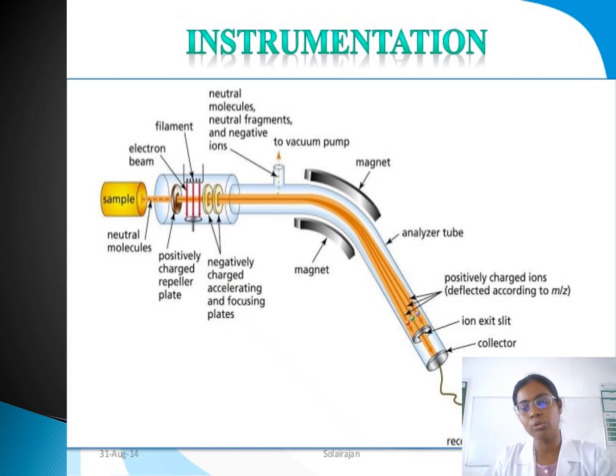In the analyzer tube, one type of positive charge ions are collected in one place and another type in another place. Finally they exit to the collector, and all these events are recorded by the mass analyzer and detector.